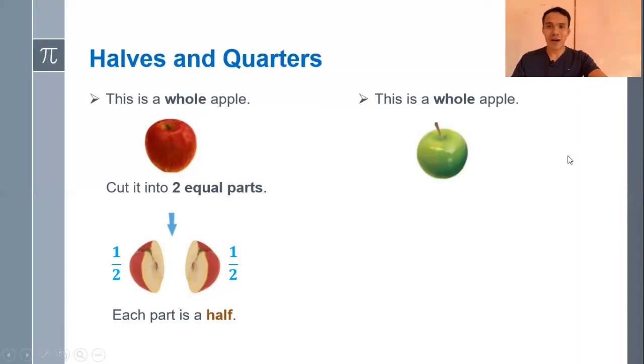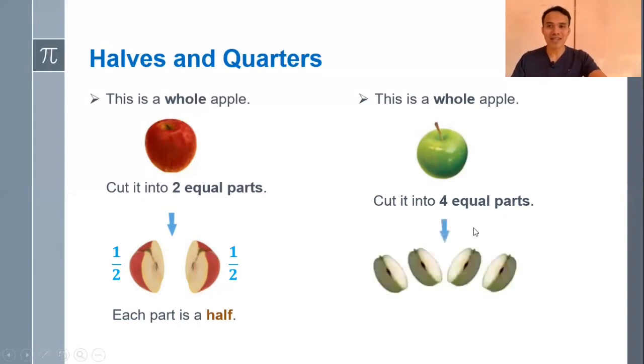Let's have another apple, a green apple this time. This is a whole apple. And let's cut or divide this into 4 equal parts. We have now 1, 2, 3, 4 equal parts.